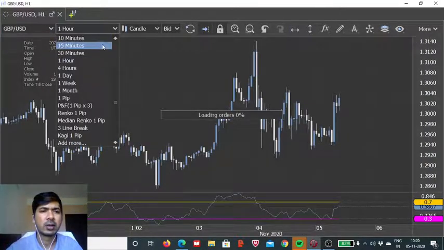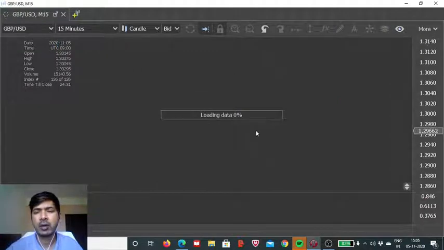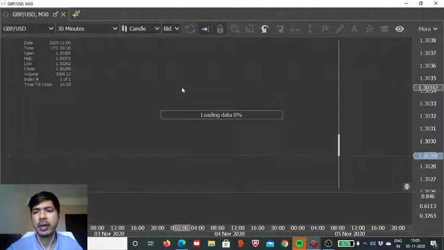This is now the chart of GBP USD of 15 minutes each. It's taking a bit of time to load the data. Okay.